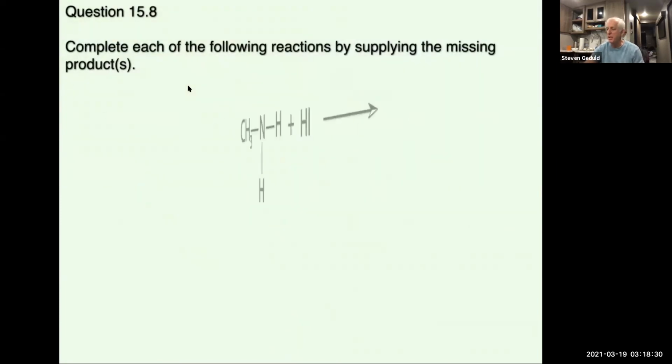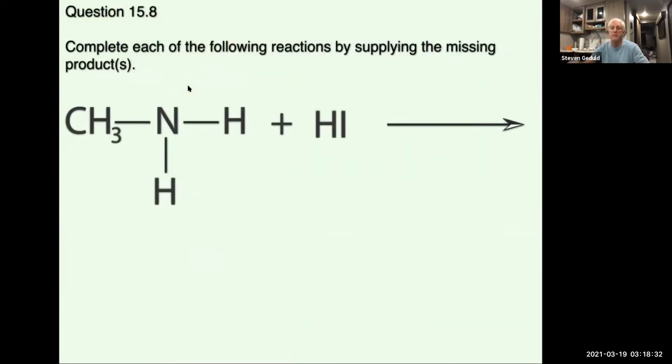Okay, supply the missing product again. So what's this one going to look like? Again, with hydroiodic acid, the H goes to the non-bonding electron pairs. You end up with CH3, NH, this is the H from the HI, and then H and H, and it's a positive charge, because now there are 4 bonds on nitrogen with an extra proton, giving it a positive charge.